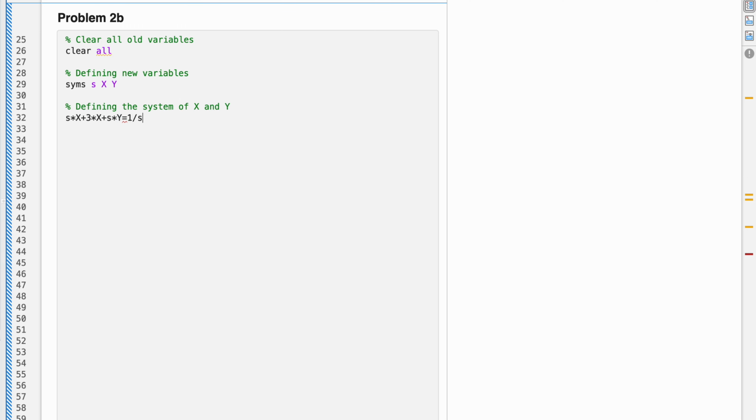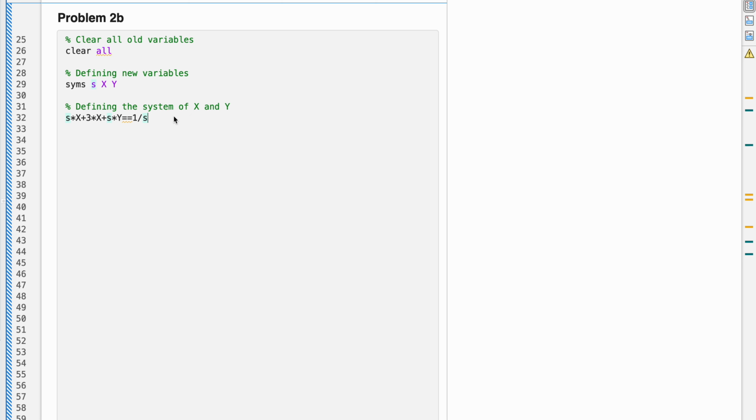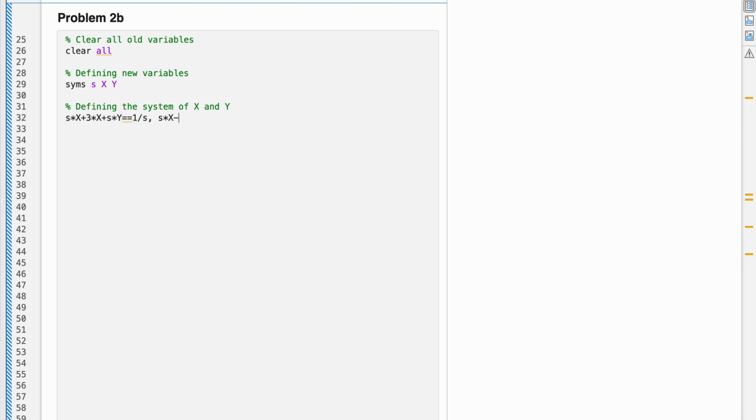All of that is going to be 1 over s, and we're going to have an equality, so a double equal sign. The second one was s times big X minus 0, which I'm not going to write, minus big X plus s times big Y minus 0 minus big Y again, equals 1 over s minus 1. And it's an equality, so it has a double equal sign.